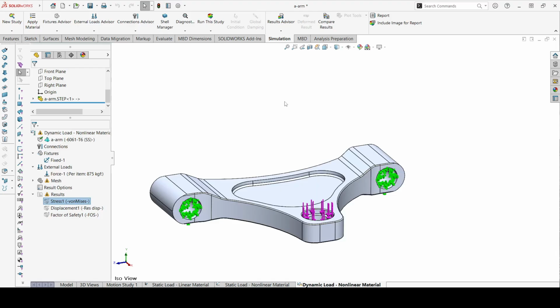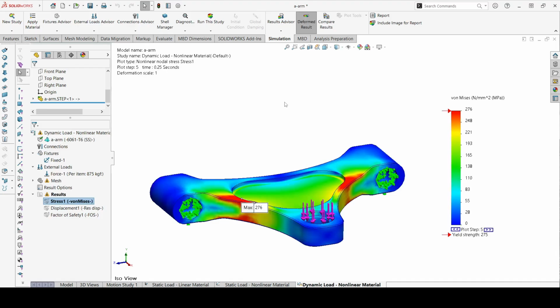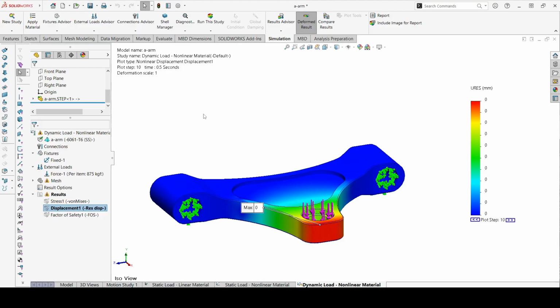Max stress we got was around 276 megapascal, which is identical to what we got on the second analysis with the static load. The displacement at the end, after the load was applied, is 0.